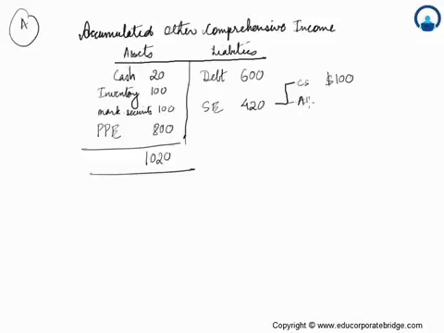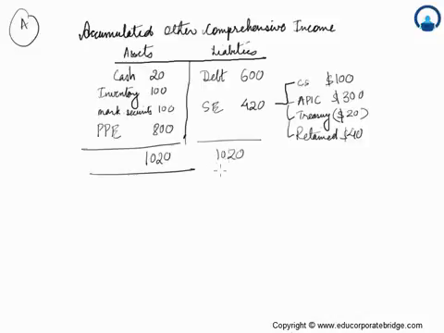Then we had the additional paid in capital, this was $300. We saw that we had the treasury stocks, so this was $20 with a minus sign. And lastly we had the retained earnings, so this was around $40. So we had this as sum total of 420, so that the left hand side was again 1020 equal to the right hand side.